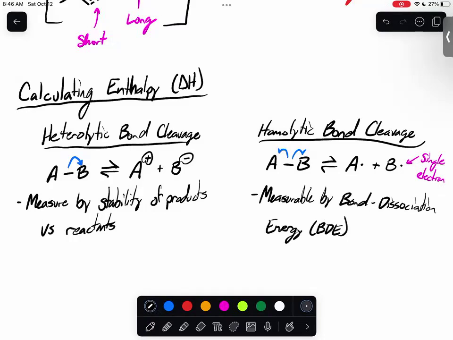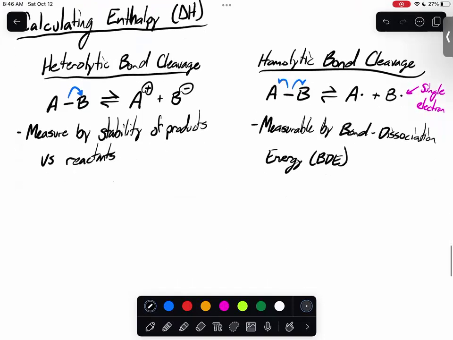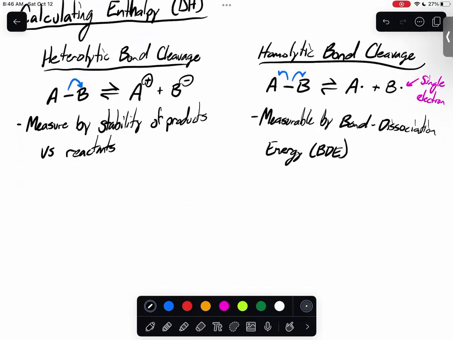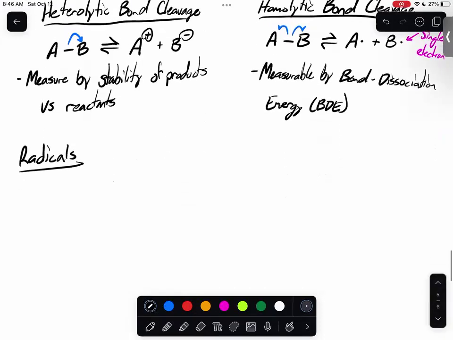Looking at bond dissociation energy, the first thing we need to think about is what we call radicals, because radicals are that single electron. Let's say we had a hydrogen with a radical, which is a single electron.